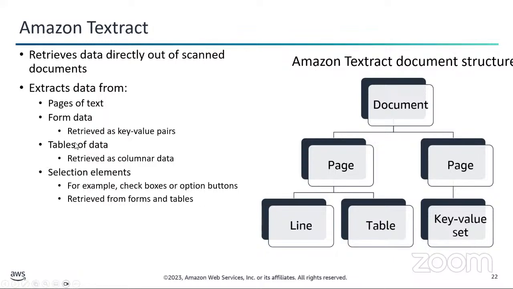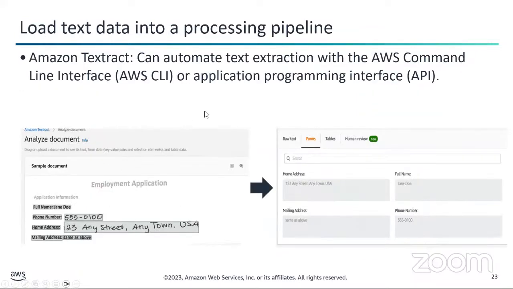You can extract from tables of data as columnar data, and you can also retrieve selection elements, checkboxes, and option buttons from forms and tables. So the Textract service can automatically read all these different things from scanned documents, PDF files, for example.